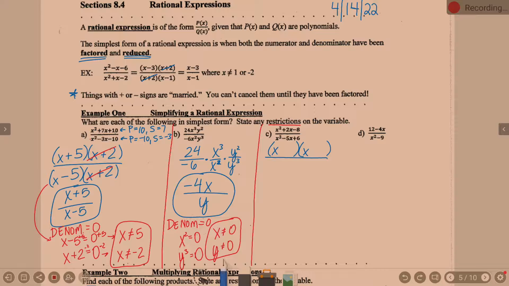So what kind of numbers multiply to be 8? 1 and 8, 2 and 4. Which numbers am I going to have to use if we want to get 2 added out of those? Okay, so it's going to be some combination of 2 and 4.